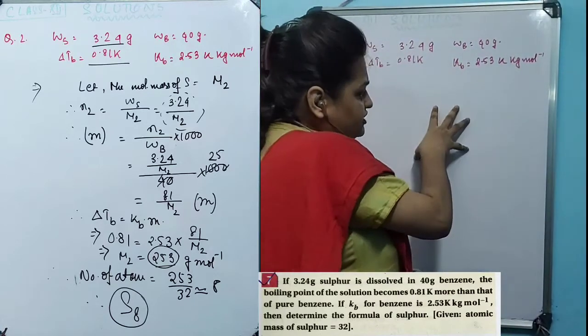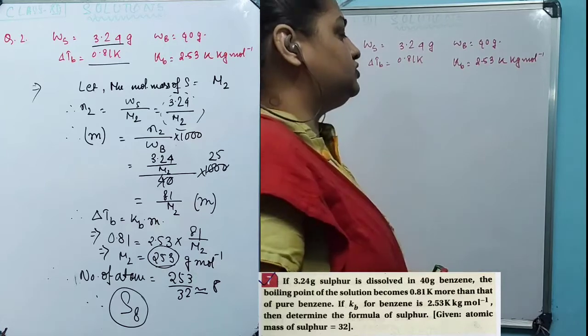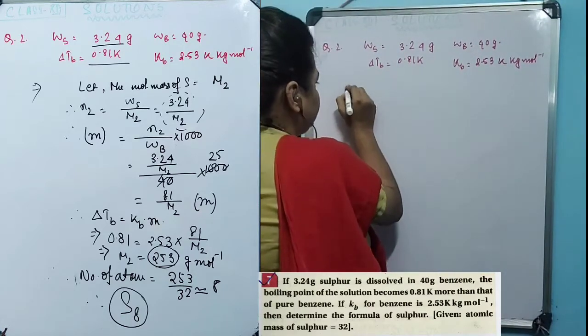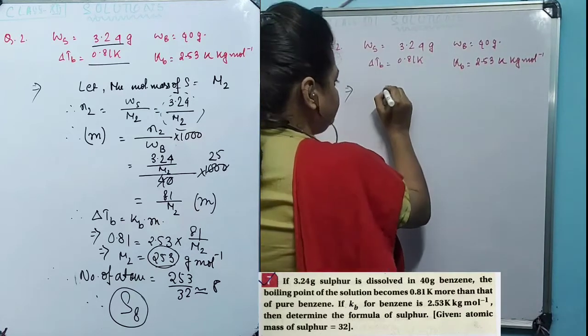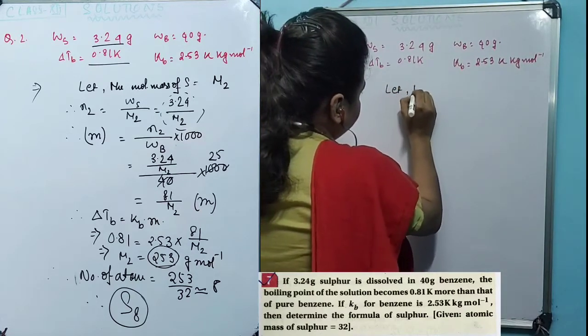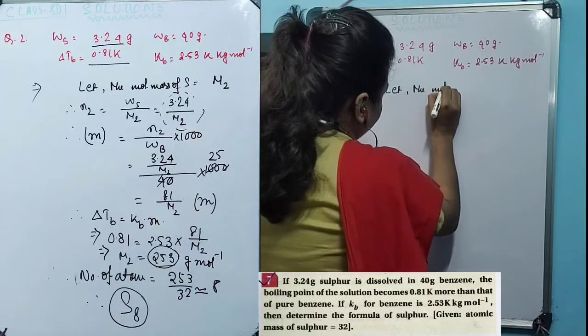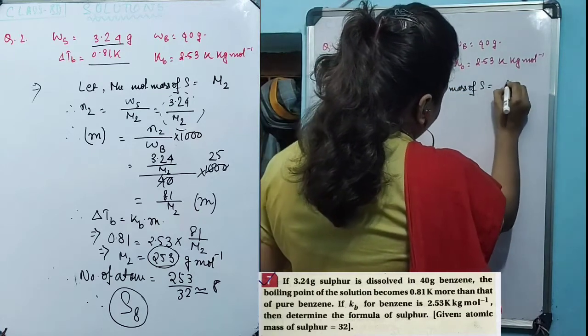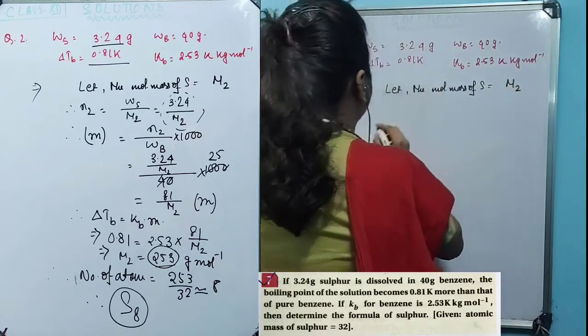To do this, we are going to first find out the molecular mass of the sulfur, which has not been given in the question. So let the molecular mass of sulfur be M2.